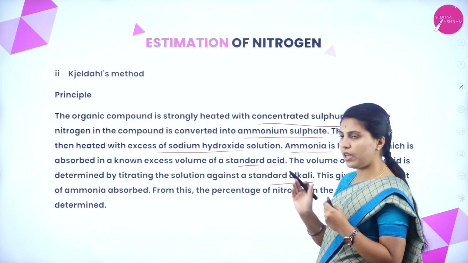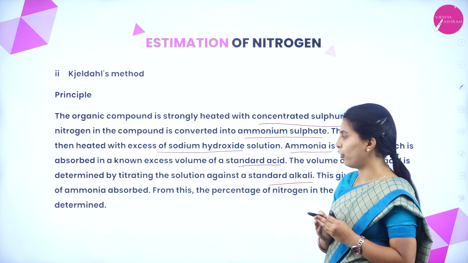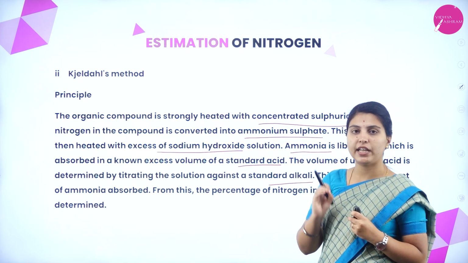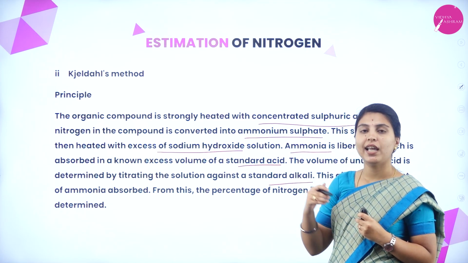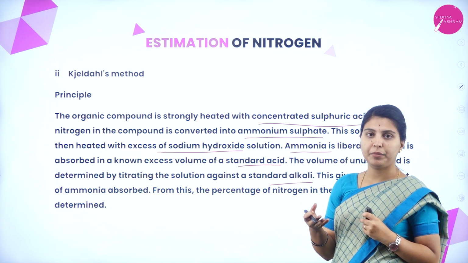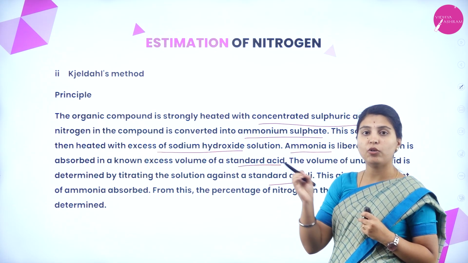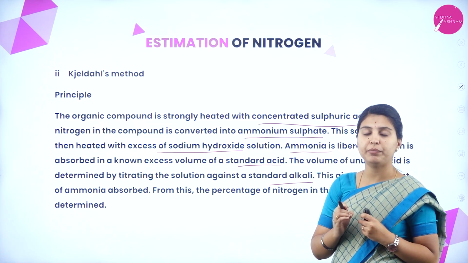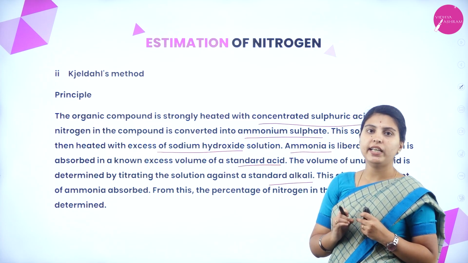Whatever ammonia is absorbed should be in a known volume of acid. And whatever volume of acid is unused is titrated by alkali, because in the titration part, how much acid is used will be accurately known.